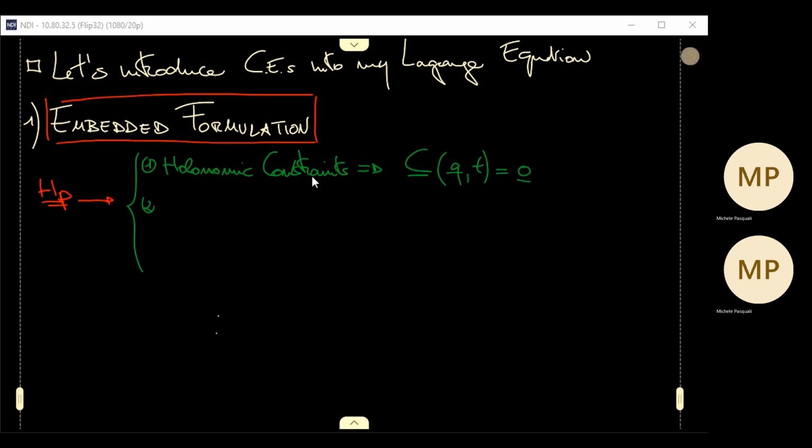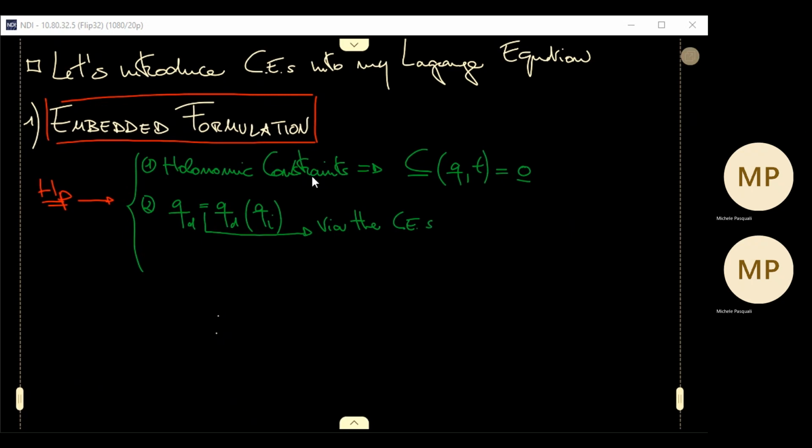Then second hypothesis. We have a series of constraint equations through which we will be able to describe the dependent generalized coordinates as a function of the independent coordinates. So these are via the constraint equations.